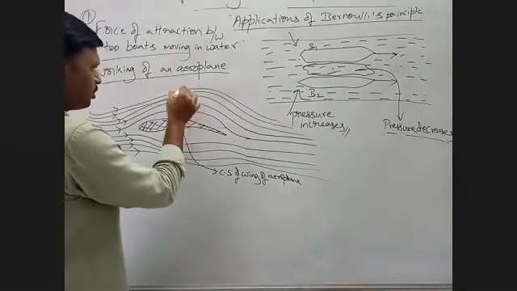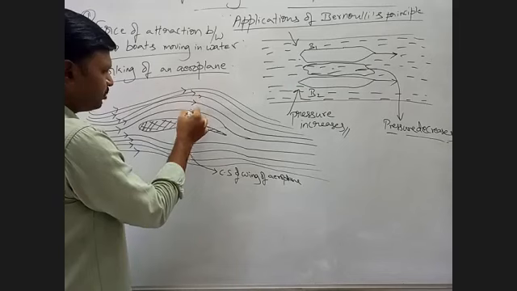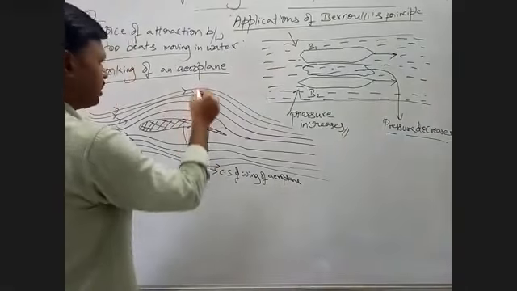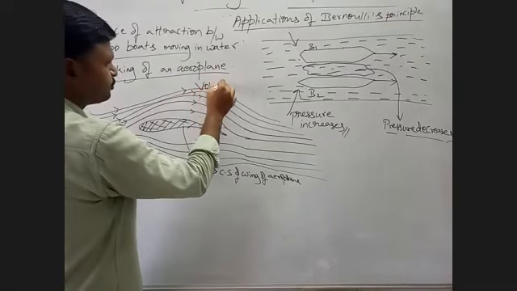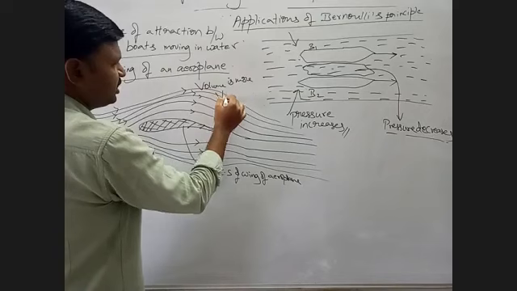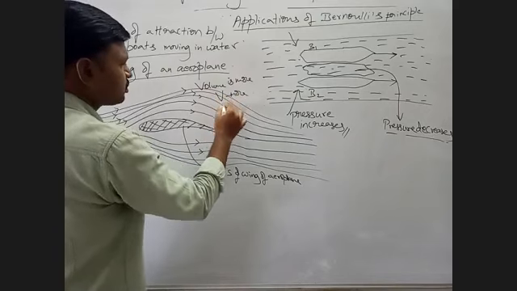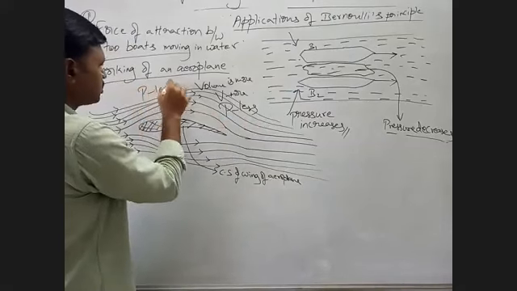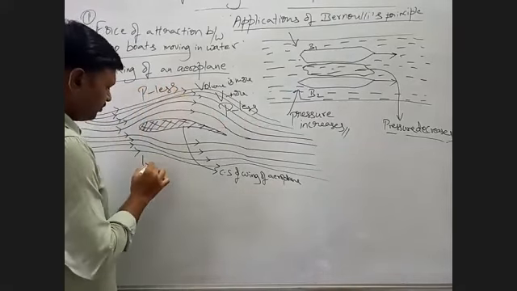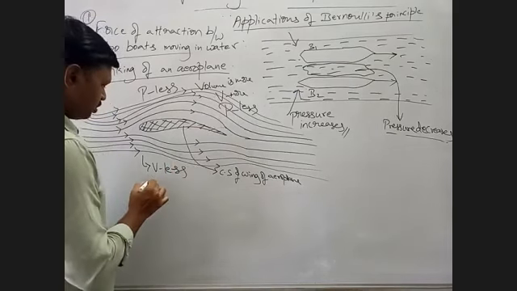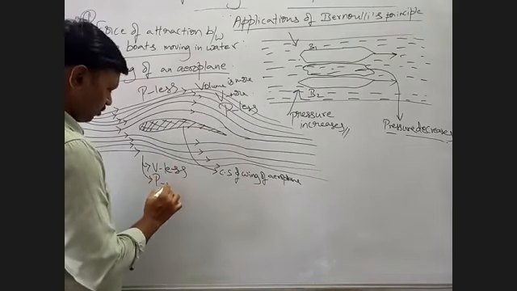Now here the volume of air is more, so V more, and therefore here V less. V means volume. And P more.